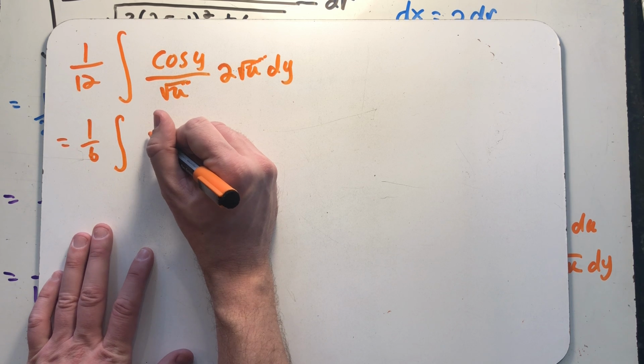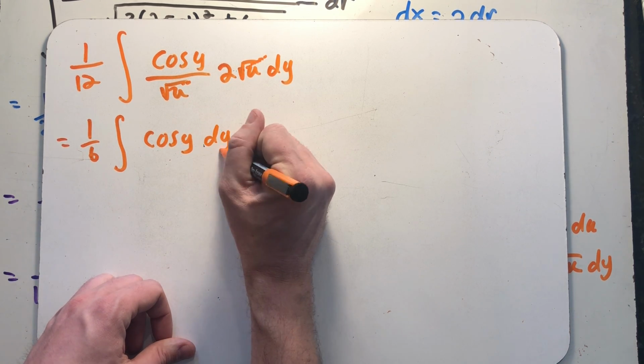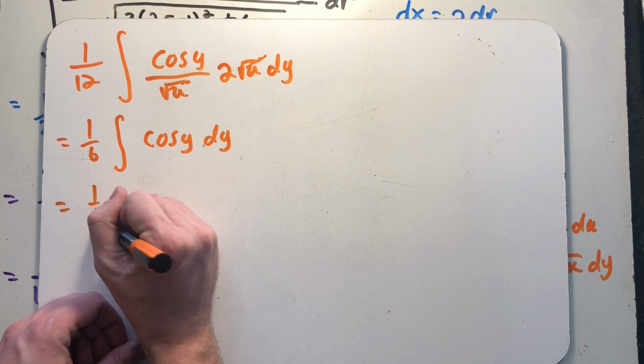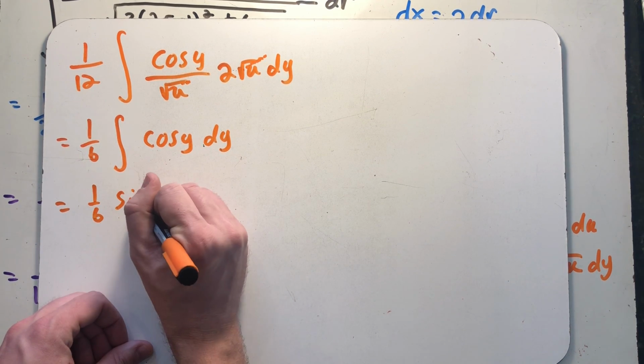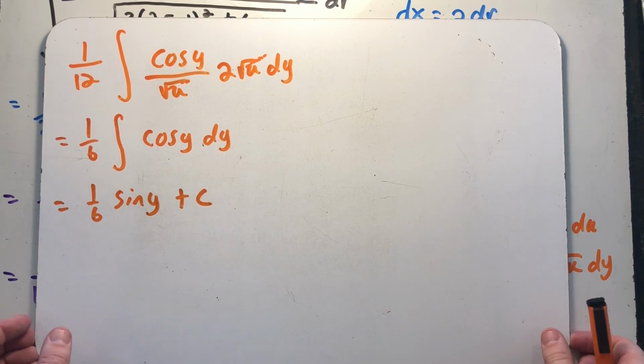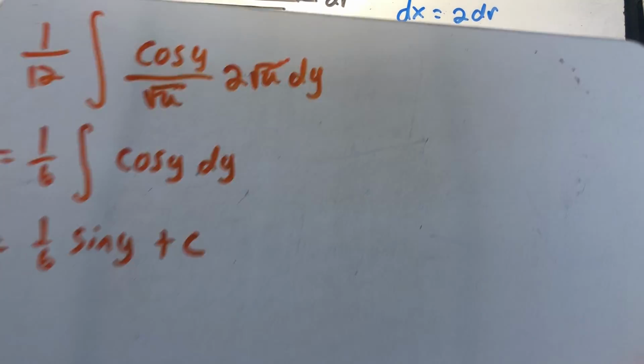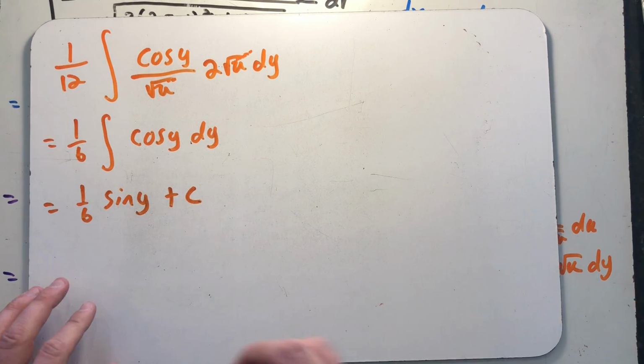And now I just have the indefinite integral of cosine y dy. Well, the antiderivative of cosine is sine plus c. Now I have to remember I'm not done. I have to go back through each of my substitutions to get back to the original variable.